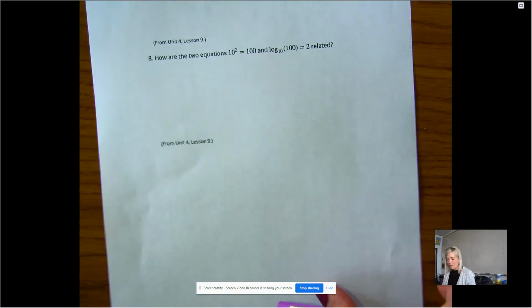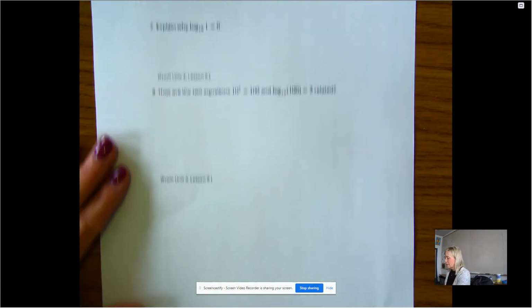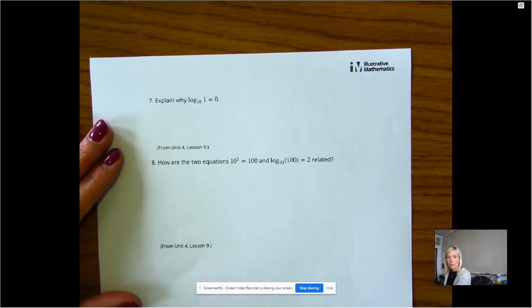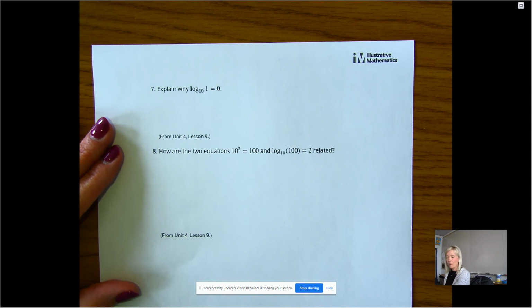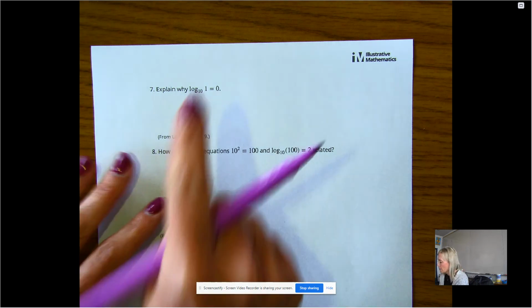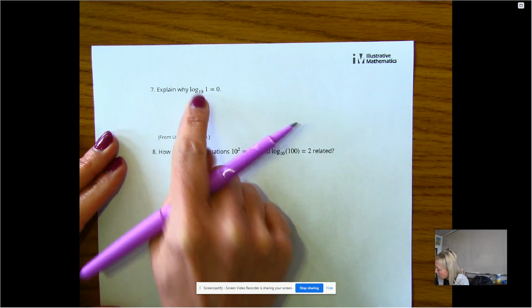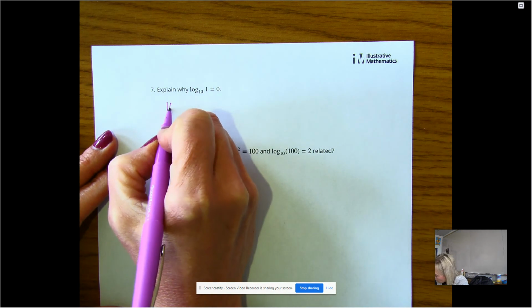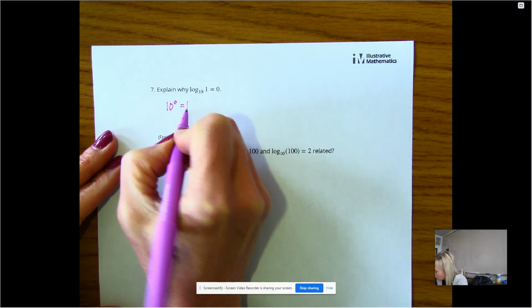And finally, number 7 and 8. So number 7, explain why log base 10 of 1 is equal to 0. So to explain that, think about it in exponential form. This is the exponent, this is the base. 10 to the 0 is equal to 1.